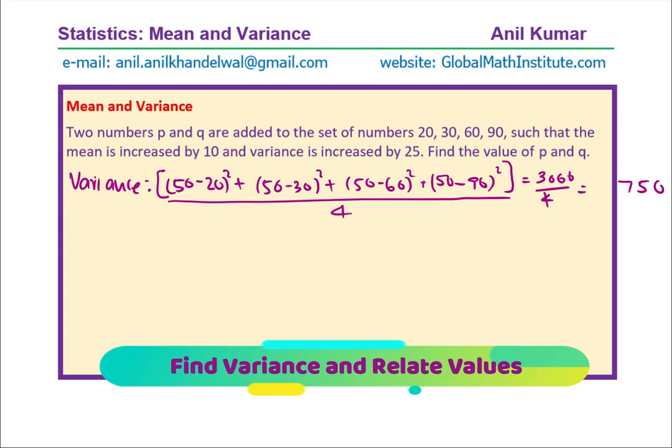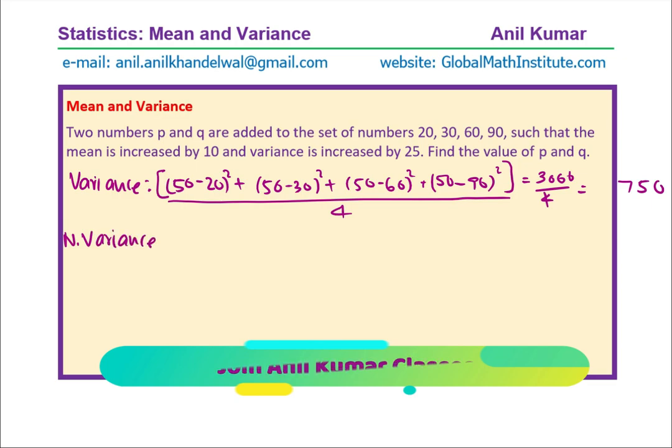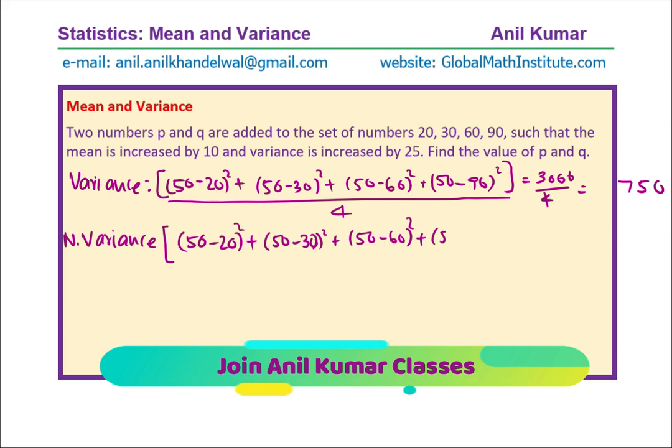Now the new variance will introduce P and Q in this calculation. So let's write new variance. So new variance will be 50 minus 20 whole square plus 50 minus 30 whole square plus 50 minus 60 whole square plus 50 minus 90 whole square plus 50. Now, for new variance, the mean has increased to 60, correct?